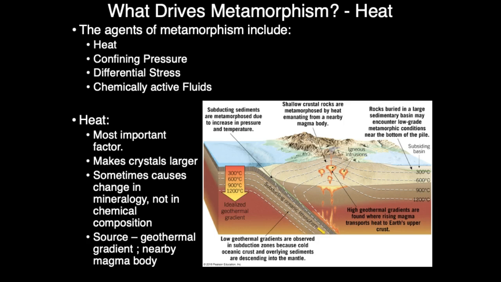And we'll look at this in chapter 18 in more detail. But as you also saw in chapter 4, the rate of increase in temperature with depth is known as the geothermal gradient. And in the upper crust, this increase in temperature averages about 25 degrees Celsius per kilometer that you get deeper into the Earth.